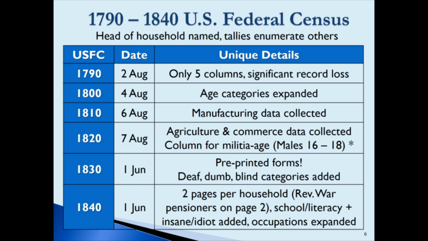The 1820 census enumerated age ranges of slaves and free persons of color and collected occupational data. 1830 was the first census to use pre-printed forms. 1840 was the first census to have a second enumeration page per household. Questions included education and occupation. Again, a significant number of federal censuses were lost due to fire, flood, war, etc. So check the database you're using for information on which records are available.